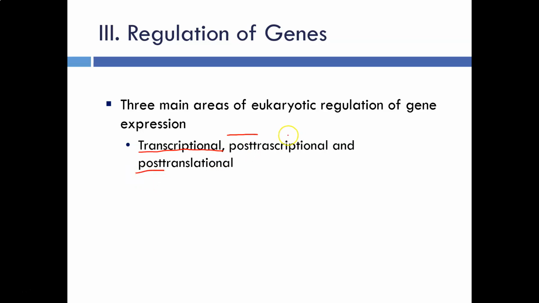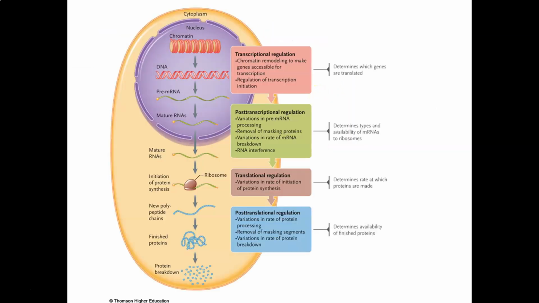So there are a lot of different ways that eukaryotes can regulate genes. Taking a look at it here, there are a lot of different spots in this whole area where, especially in humans, we can turn these switches on and we can turn them off.